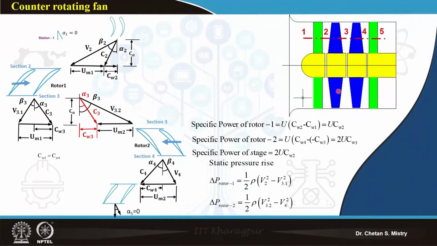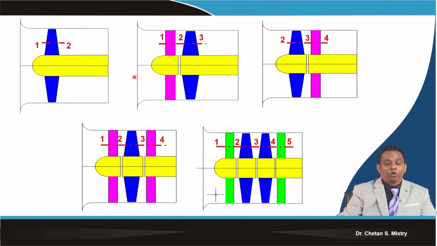Okay. Now, overall, if we try to look at what we have discussed today, that is in the sense of only rotor configuration, say inlet guide vane and my rotor configuration, my rotor and outlet guide vane or stator configuration. We have inlet guide vane, rotor and outlet guide vane configuration. We are having contra-rotating configuration.